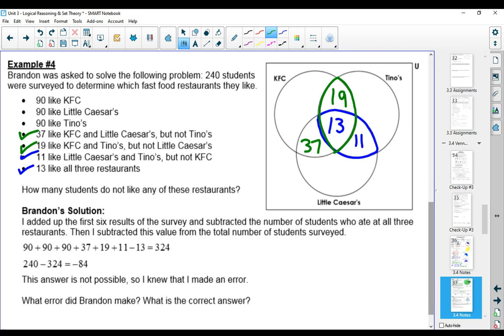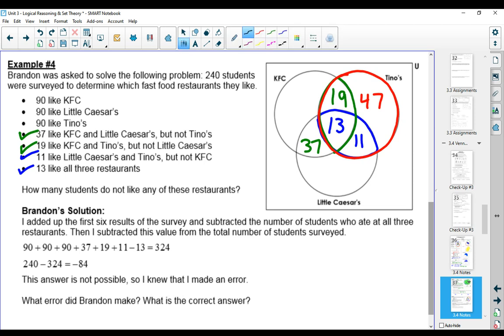And then the last 3. Dealing with the big circle is always our last step before we consider how many are outside, unless we're given that information. So it says that 90 like Tino's. So that means my entire circle for Tino's has to add up to 90. So if I take 90 and I subtract the 19, the 13, and the 11, I get 47.